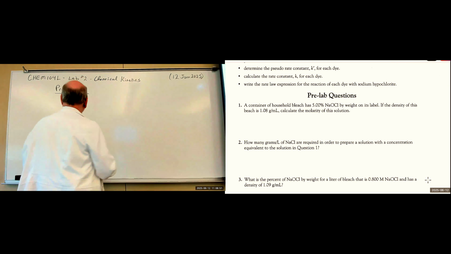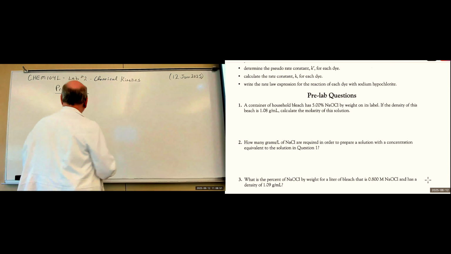So 5% by weight means 5 grams of sodium hypochlorite per 100 grams of solution.